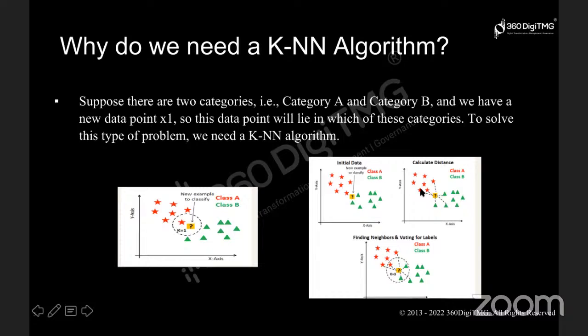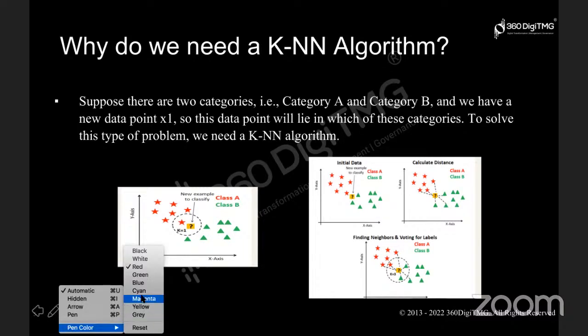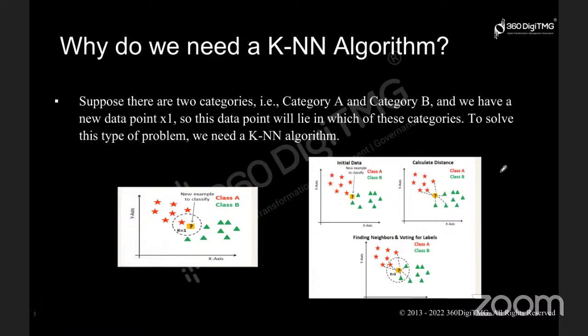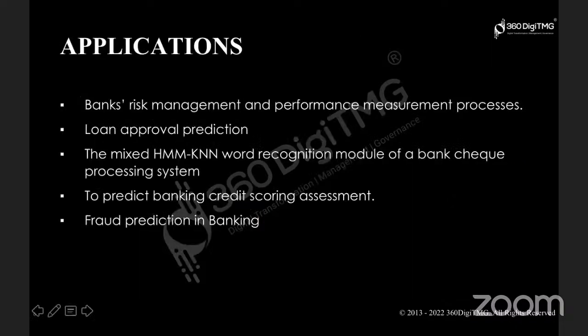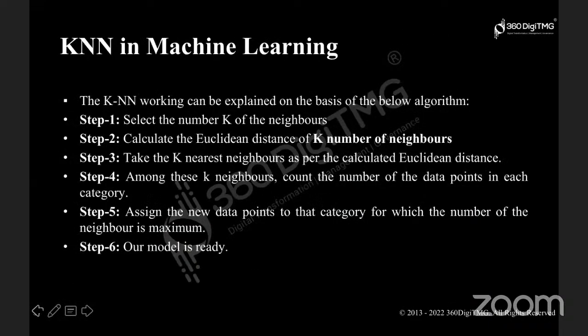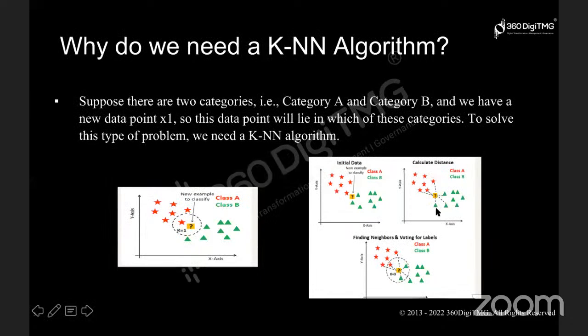How many data points you want is something you choose. If your K is equal to 1, K equal to 2, K equal to 3, that many people's distance you calculate. That's where you find neighbors and vote for the labels.